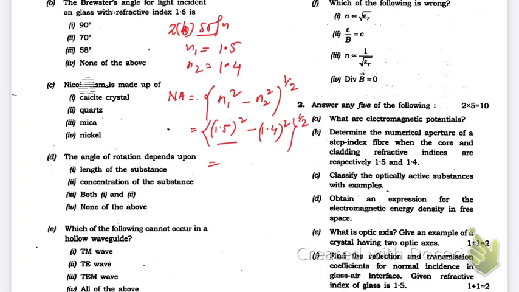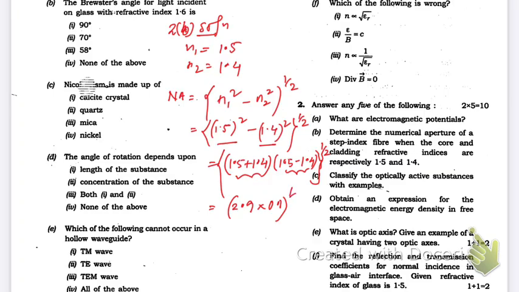So here you see a square minus b square, that is a plus b into a minus b, that is 1.5 plus 1.4 into 1.5 minus 1.4, and this whole to the power 1 by 2, or you can write square root as well instead of 1 by 2. Then the sum of these two is 2.9, the difference of these two is only 0.1, and we have whole to the power half.